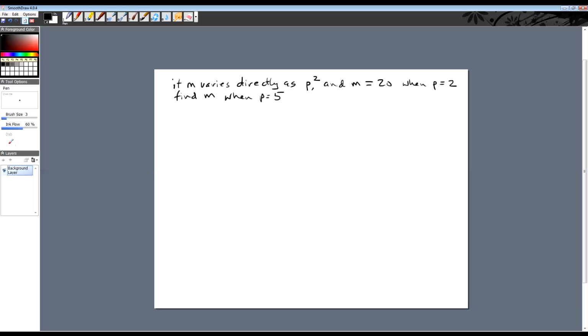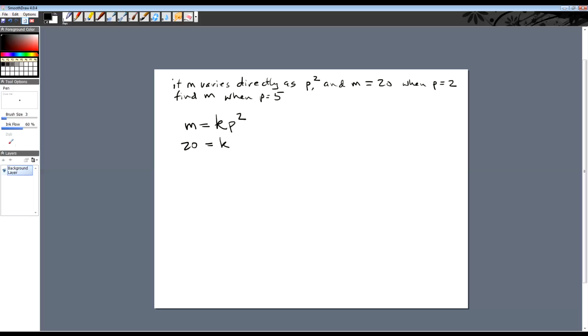This is number 65. So what this is telling us is m varies directly as p squared. So m equals k times p squared. And m equals 20 when p equals 2.